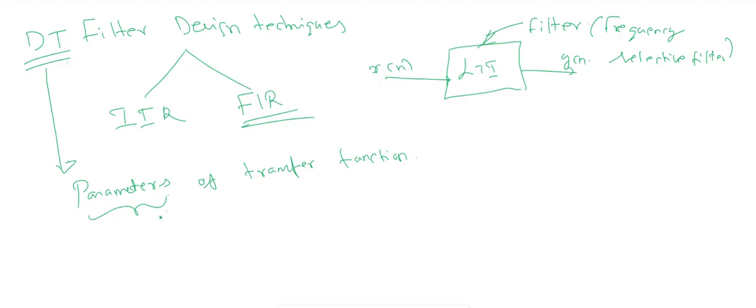Normally when digital filters came into the picture, they were based on the mapping of a continuous time filter, that means an analog filter, to a digital filter.